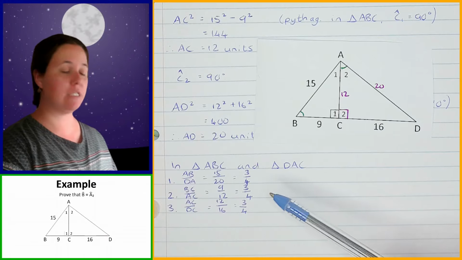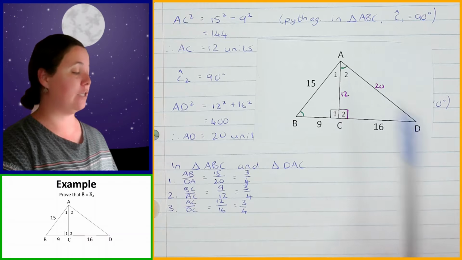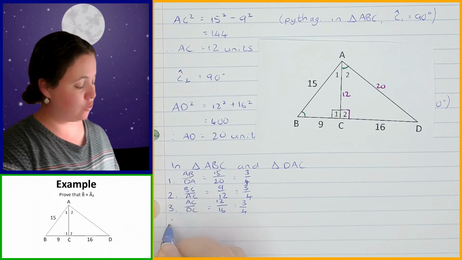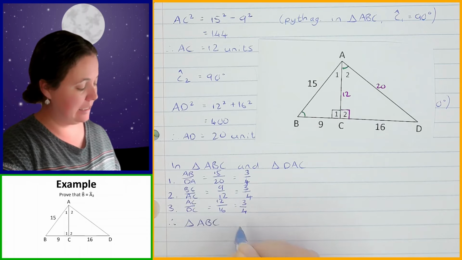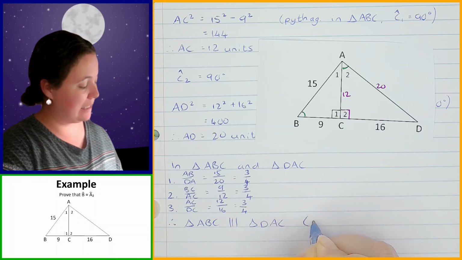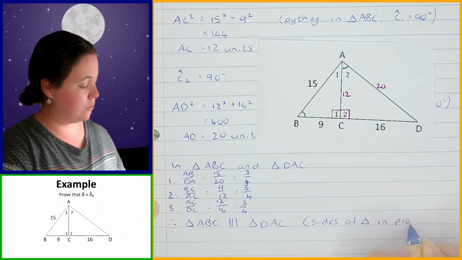3/4. So because I got 3/4 for all three of those, I know that the sides for these two triangles are in proportion, which means that these two triangles are similar to each other. So therefore triangle ABC is similar to triangle DAC, and the reason I can say that is because of the sides of the triangles in proportion.